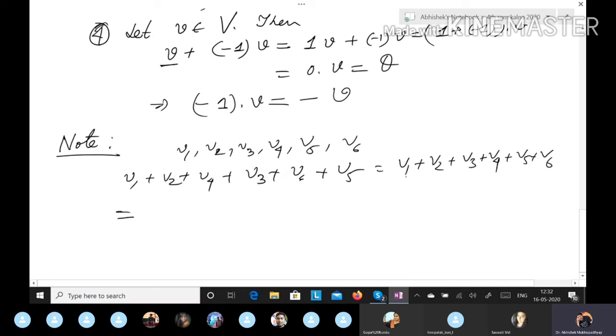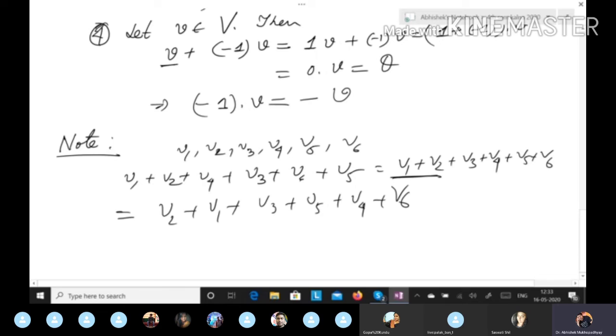Again, you can change the combination to v2, v1, v3, v5, v4, v6, and there are many other possibilities of combinations, but every such sum is equal due to the associativity and commutativity of vector addition in a vector space.